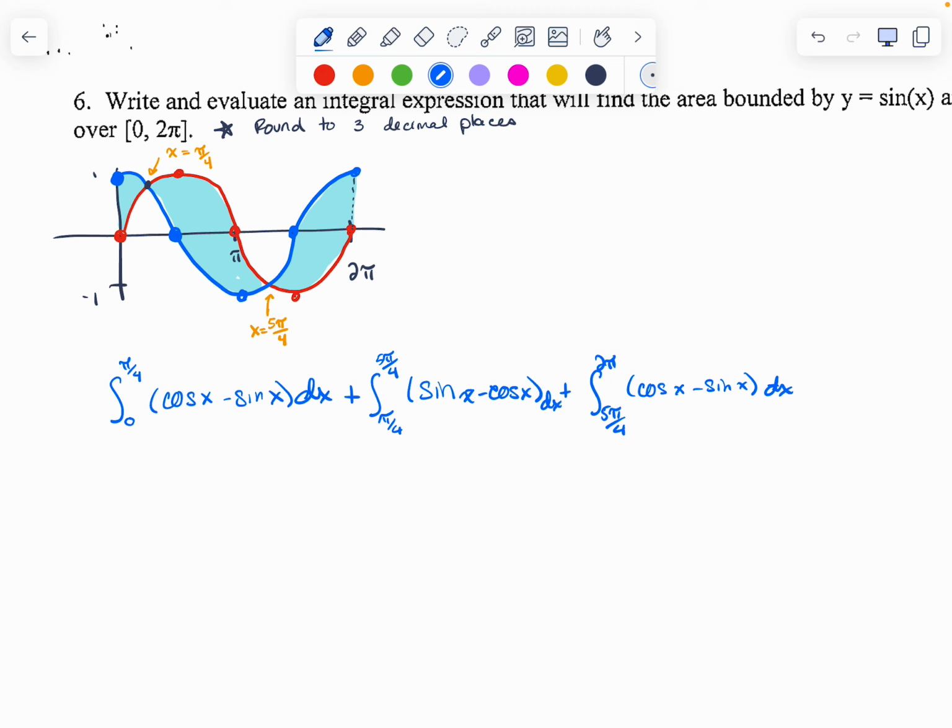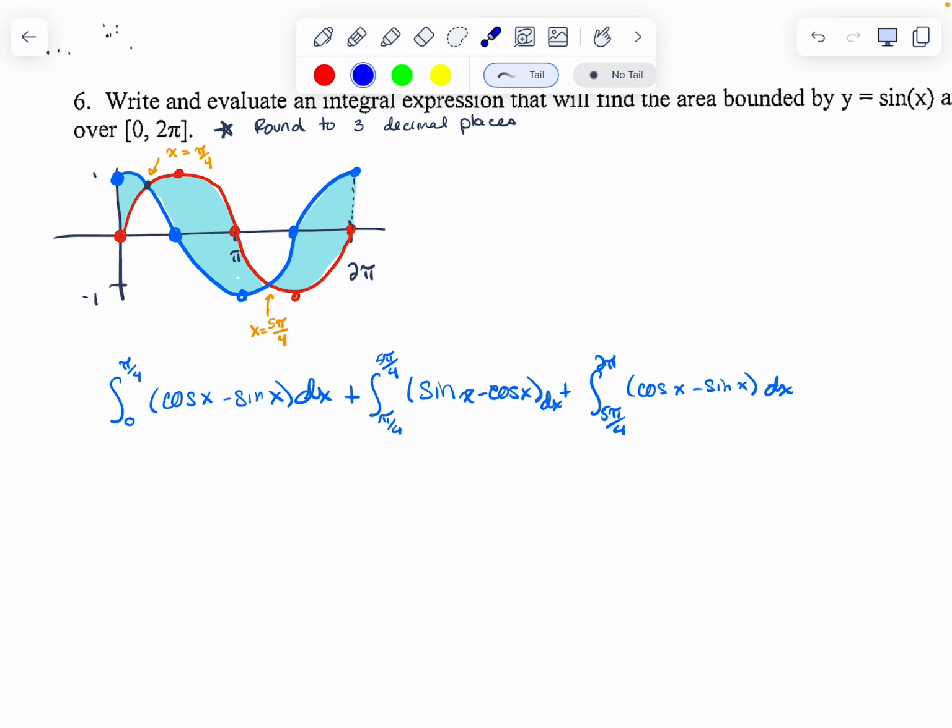There's an alternate way to think about this instead of looking at it in 3 integrals. What's the difference between the area of sine minus cosine and the area of cosine minus sine in this middle chunk?